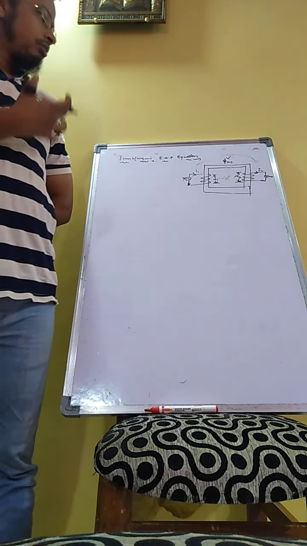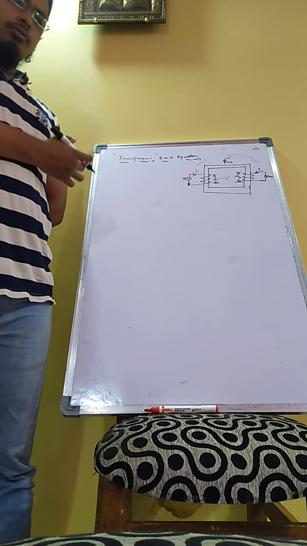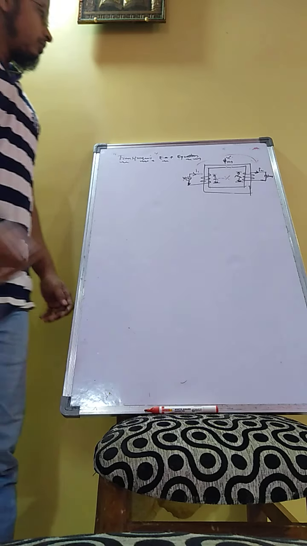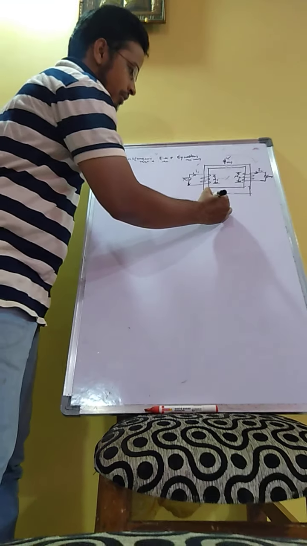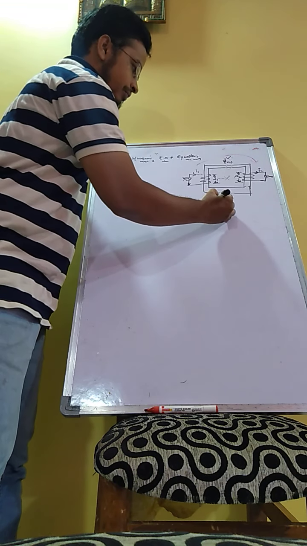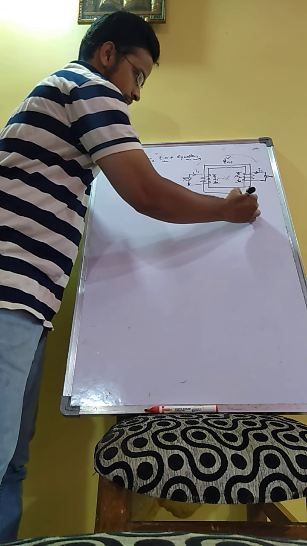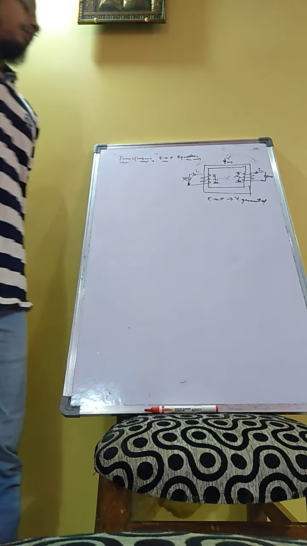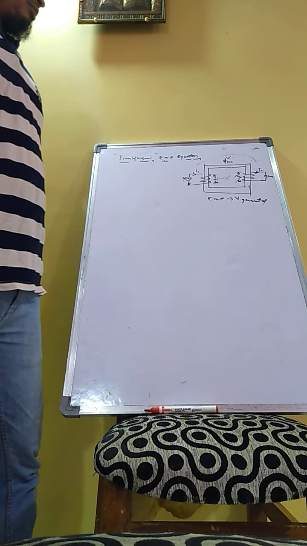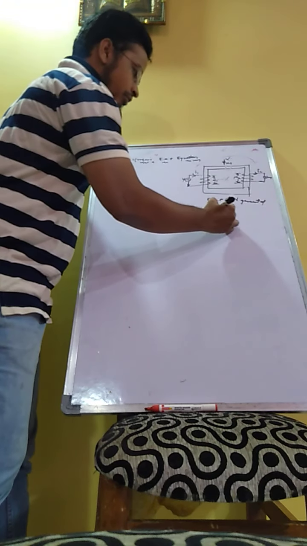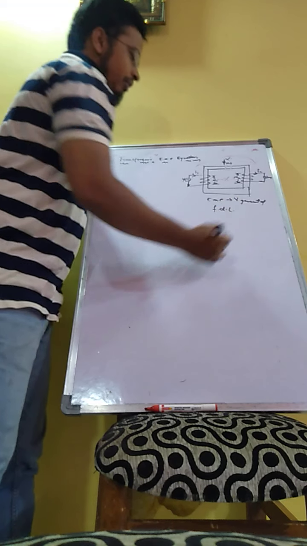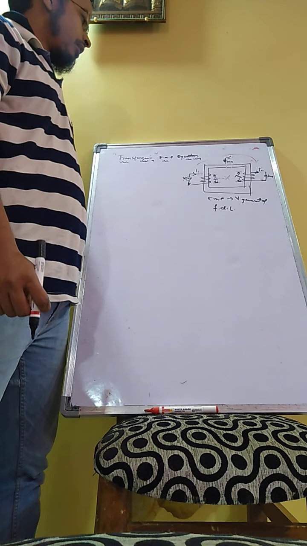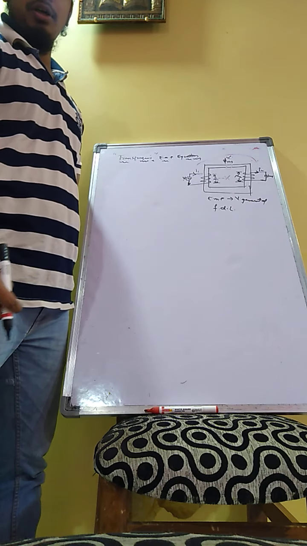To understand the EMF equation, we should first know Faraday's law of electromagnetic induction. EMF is the electromotive force, which is nothing but the voltage generated. So how is voltage generated in a transformer? Based on Faraday's law of electromagnetic induction, whenever a conductor cuts the magnetic field, EMF is induced in the conductor.